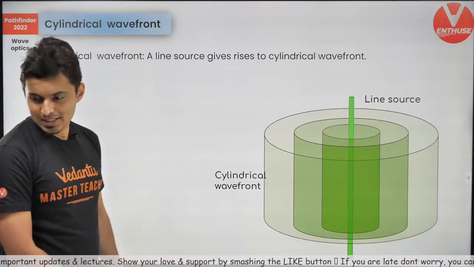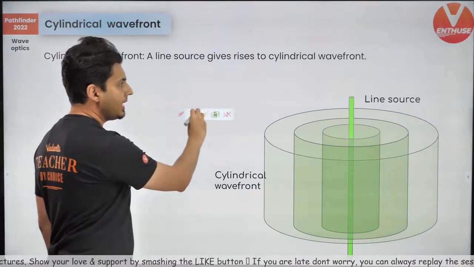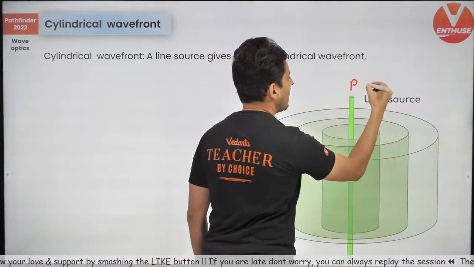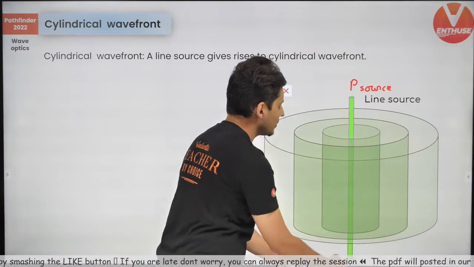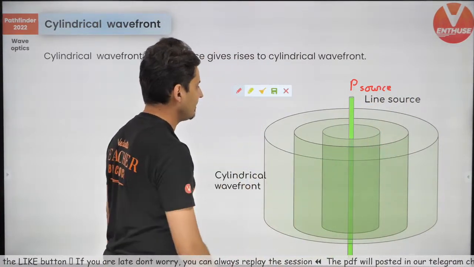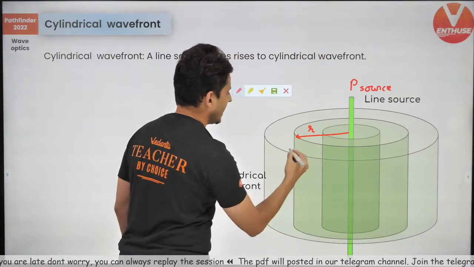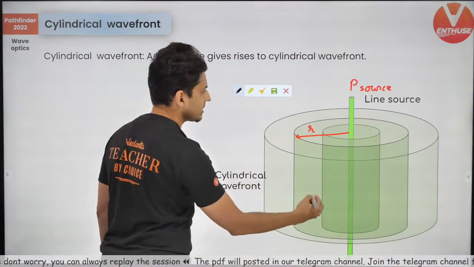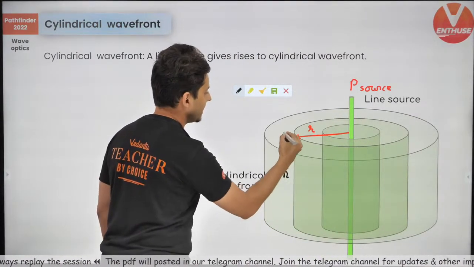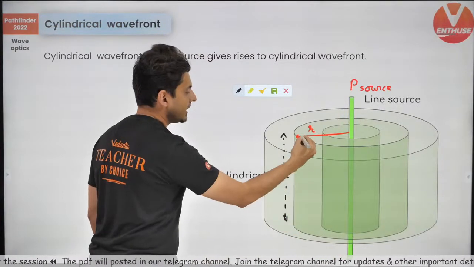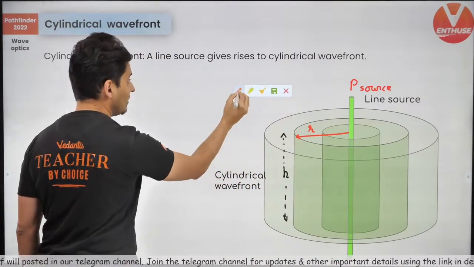Now, in this particular situation, what will happen is, if this is the power of that source, which is like a linear source creating cylindrical wavefronts, for some distance r, and let's say the height of the source was h, so this was the height of that linear source, then the energy is distributed on the surface area of the cylinder, the curved surface.